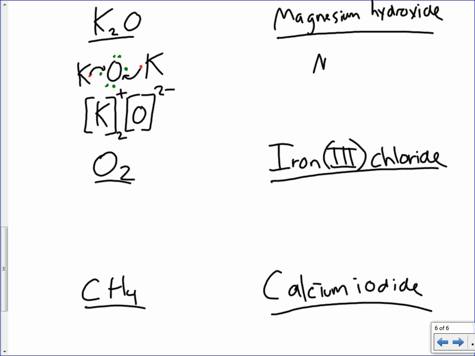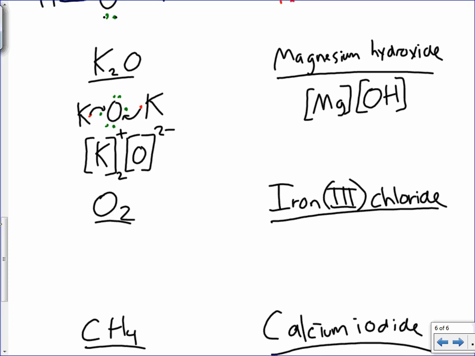All right, next one, magnesium hydroxide. This is another ionic bond here. So I'm going to go ahead and cut to the chase, save some time. Magnesium hydroxide, we know it's ionic, so let's do the crisscross method, which we should be pretty good at by now.